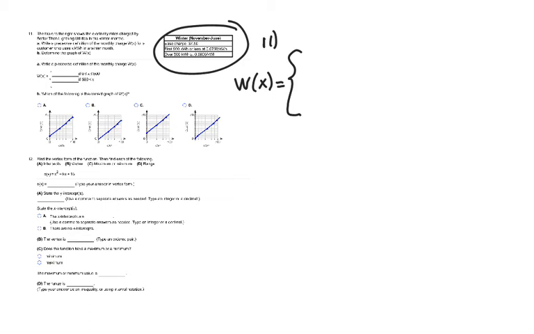So the first part is going to be for x greater than or equal to 0 and less than or equal to 500. We know we'll have a base charge of 7.50 plus 0.0750x.